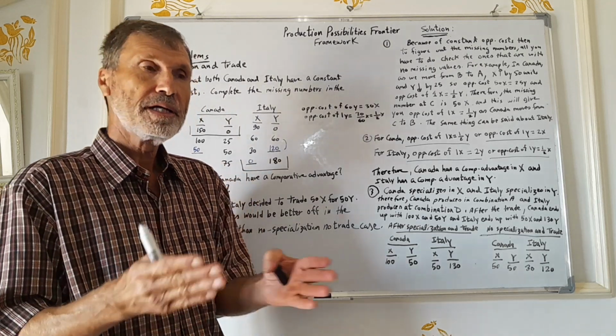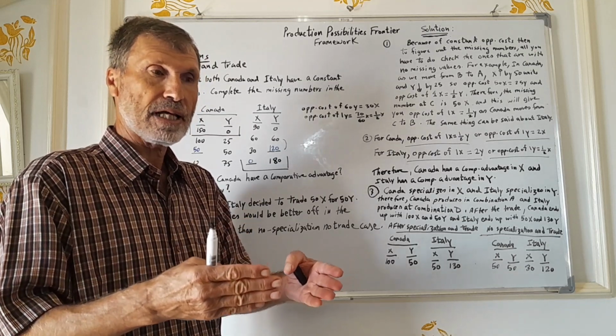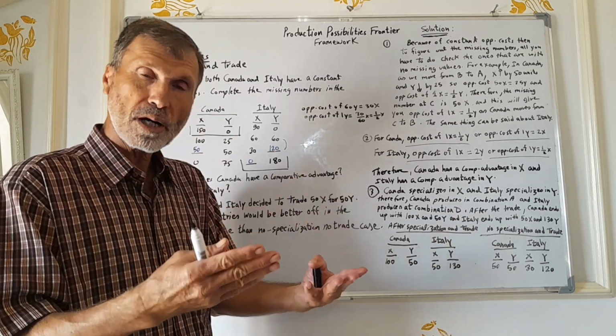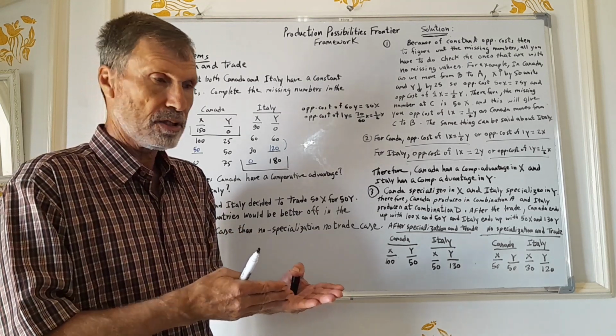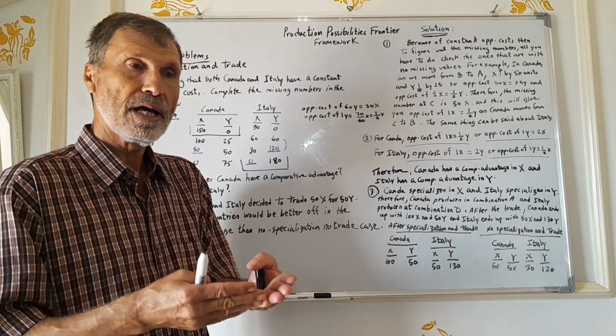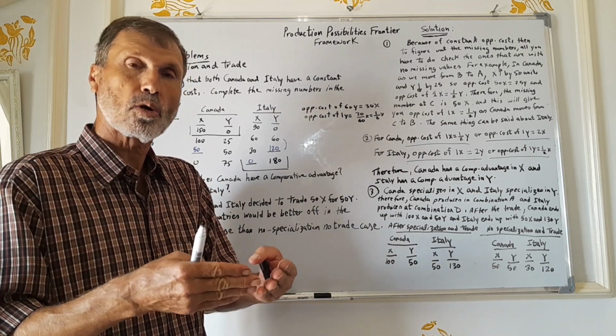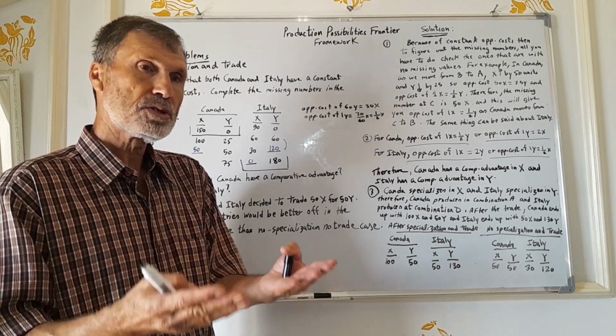Okay. However, Canada and Italy, as consumers, should also consume the other good. If Canada only produces x, Canada as a consumer should also consume y. Therefore, they should now trade.